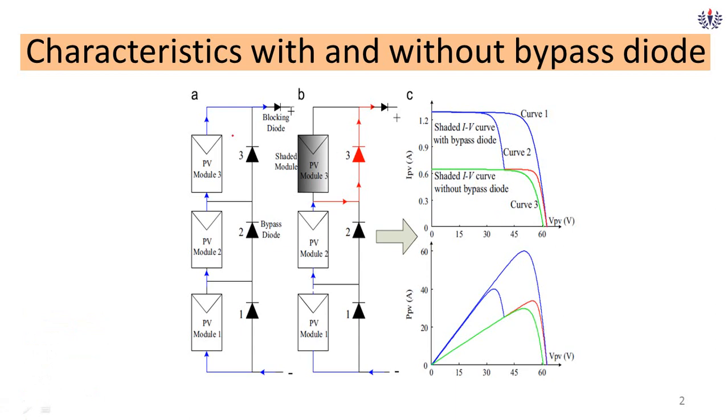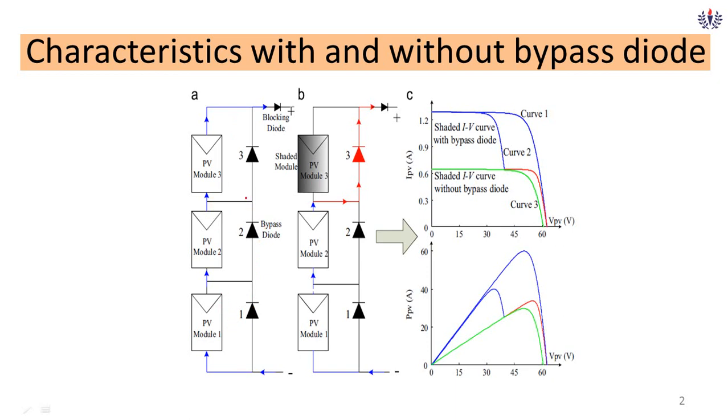As you see, you take the case A, where all your PV modules are uniformly shaded, and it is connected with bypass diode 1, 2 and 3. As you know, this bypass diode will come into the picture. Bypass diode is always reverse biased when all PV modules receive uniform irradiation. Whenever any PV module receives difference in irradiation, there will be a reverse voltage.